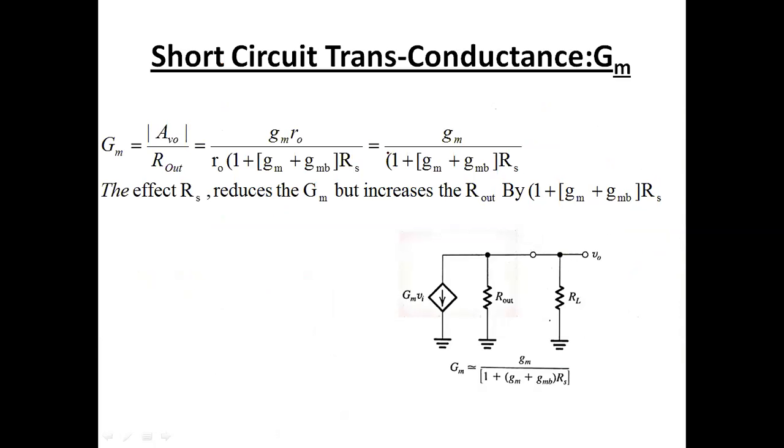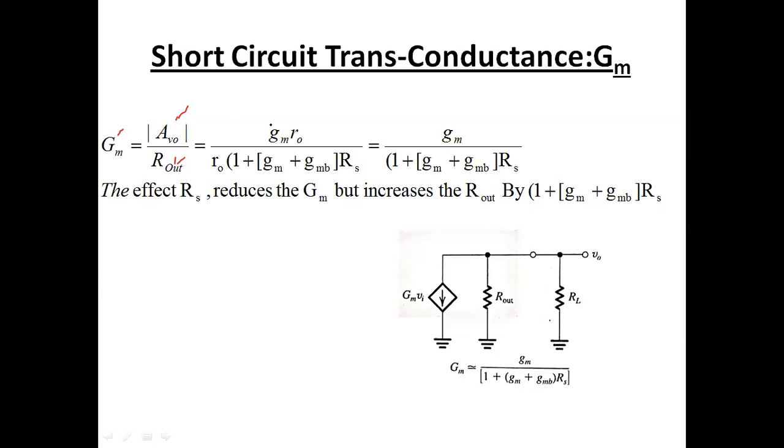Not overall gain, short circuit transconductance. In order to calculate short circuit transconductance, GM equal to AV0 by R out. Very simple. This is the current gain, this is the voltage gain, so you have to divide by R out. So the short circuit current gain GM equal to voltage gain AV0 divided by R out.